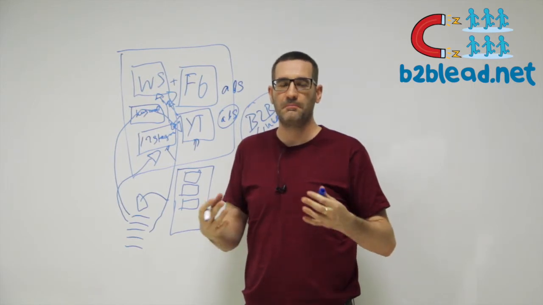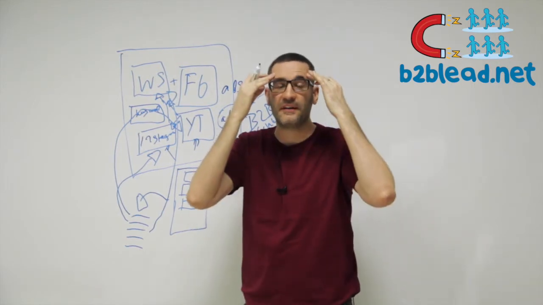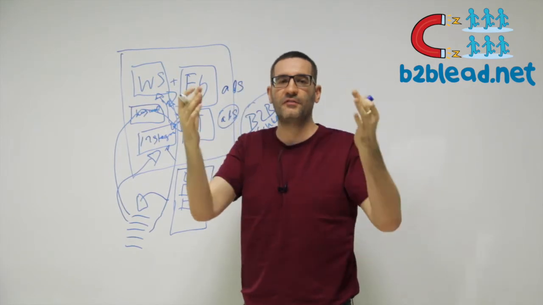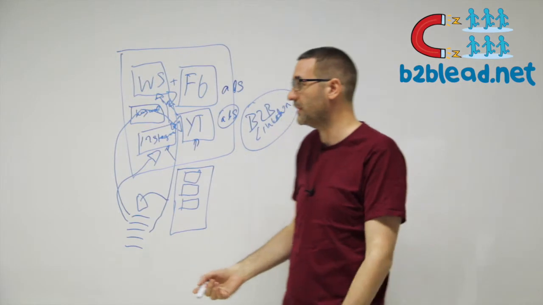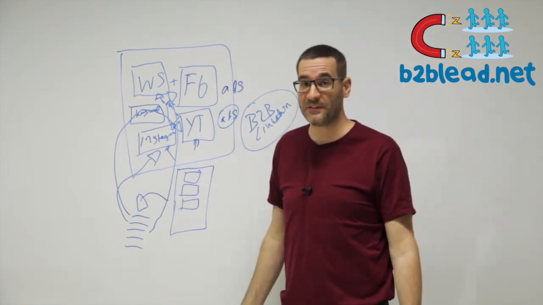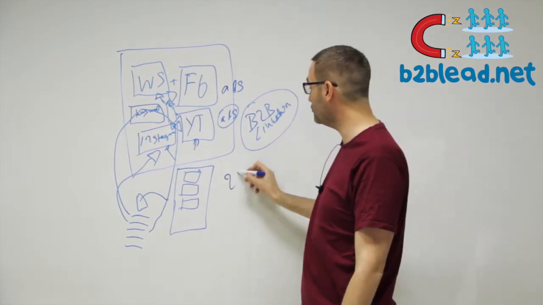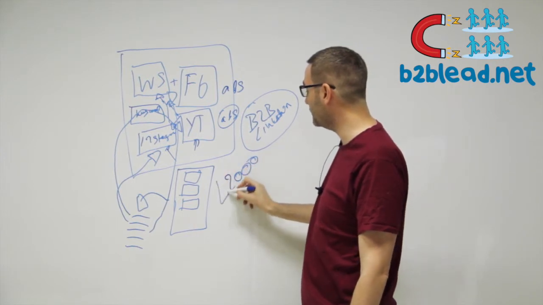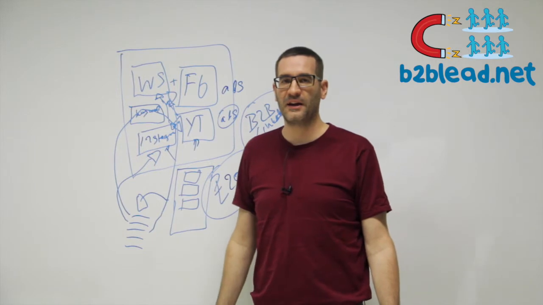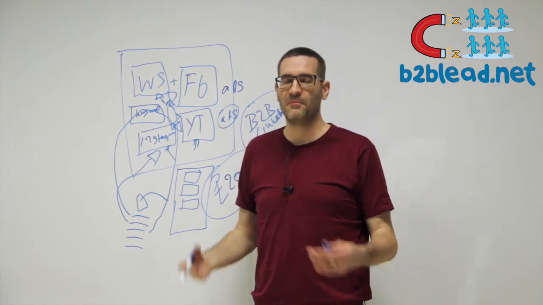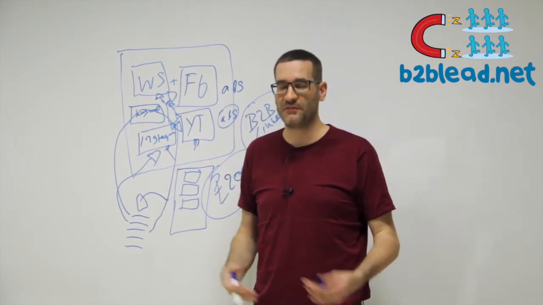Let's say, for example, that the service costs £2,000, and people think, £2,000? I can't risk £2,000 on a service. Now, as I've talked about already, it's about return on investment.